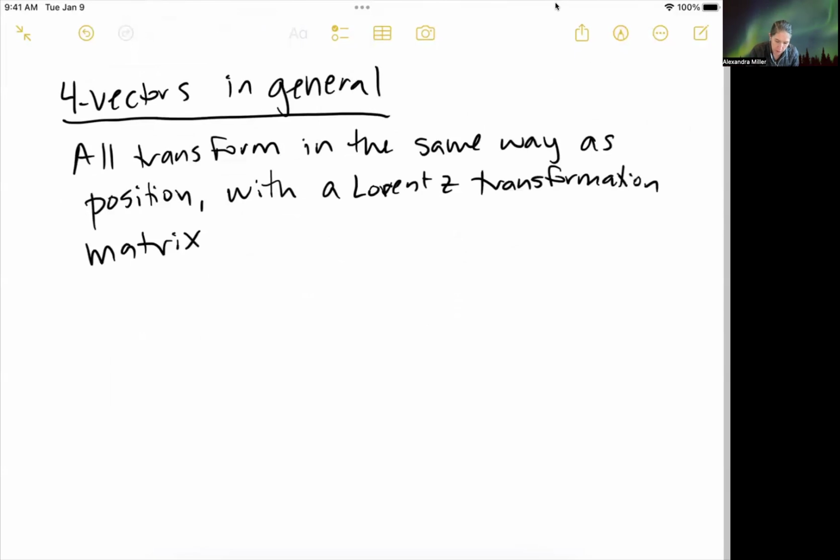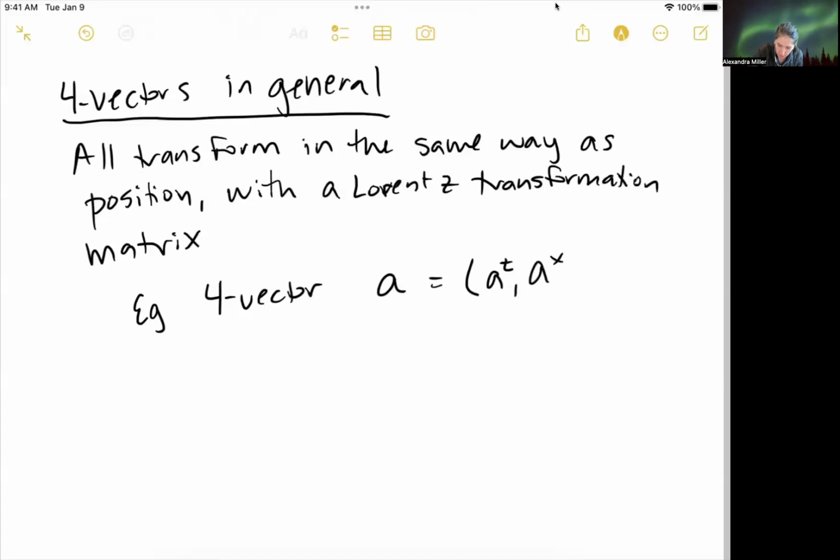All right, so they're all going to be objects such that, for example, consider a 4-vector. I'm just going to call it A, just to give it a name. It's a 4-vector, so it has 4 components. We can label them as some time, and then some x, y, and z component.